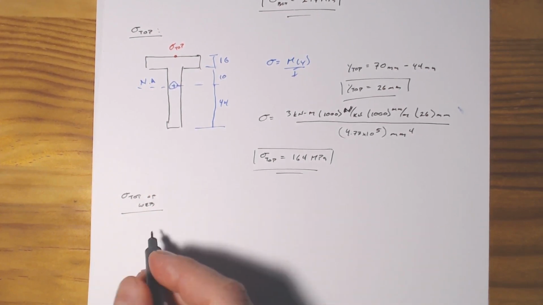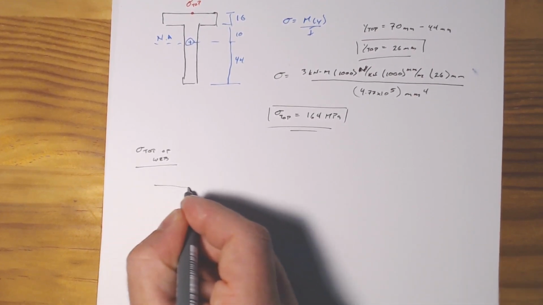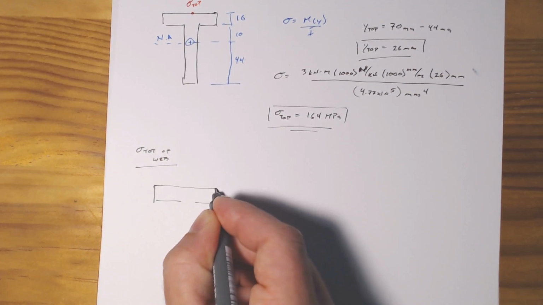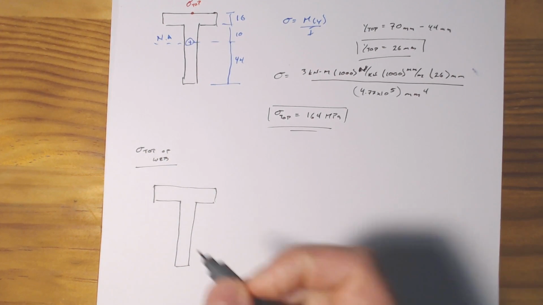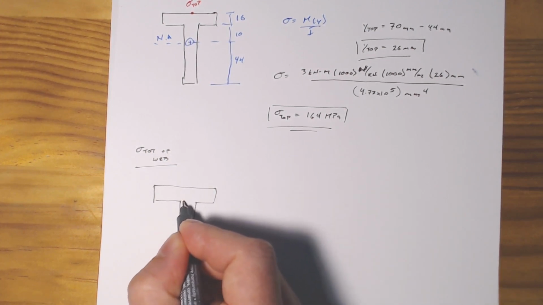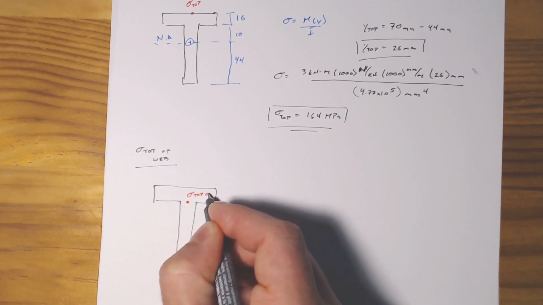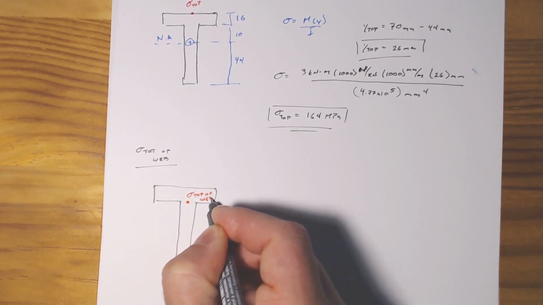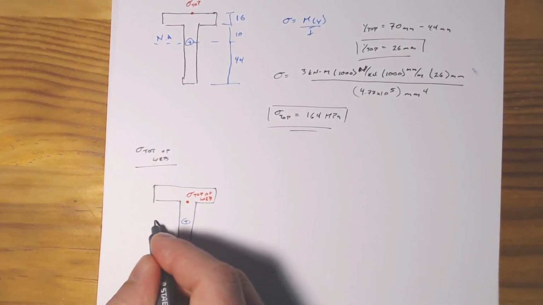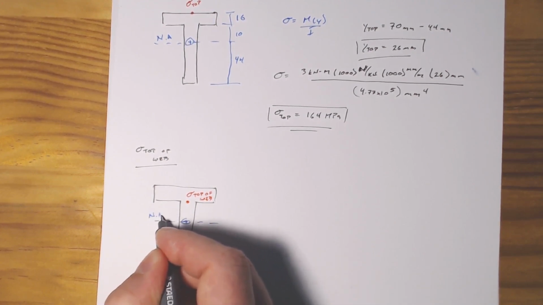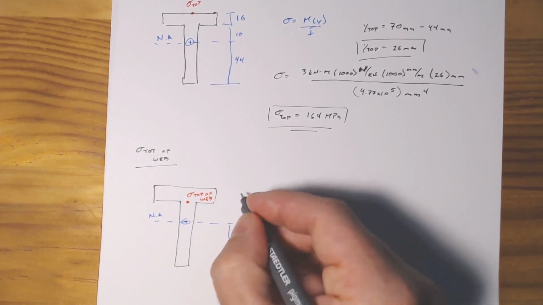web. Again, we're just going to go ahead and draw our little cross section here. And we're really trying to find sigma top of web. And again, we'll go ahead and just put some dimensions on here. So our neutral axis is up 44 millimeters from the bottom.